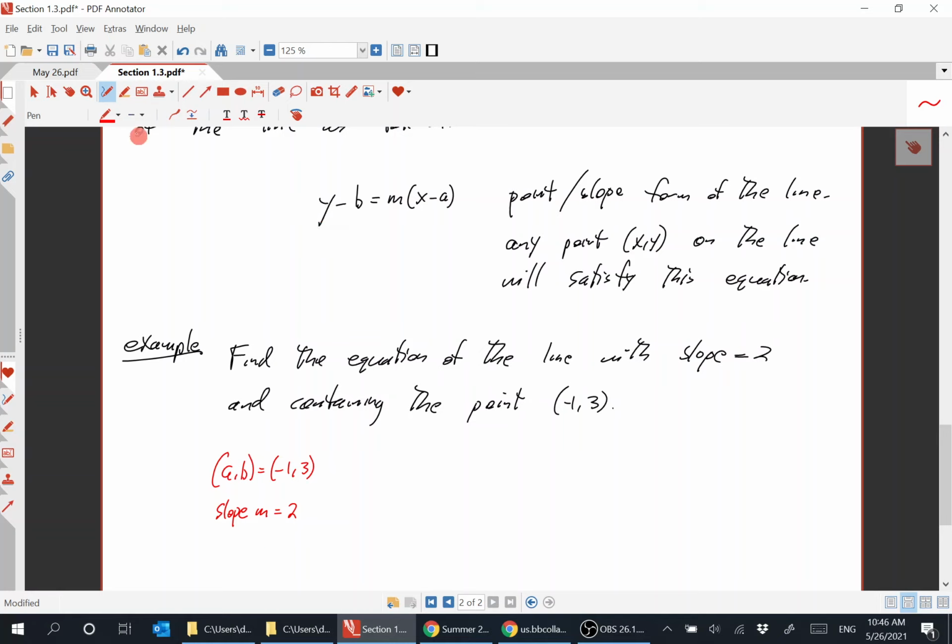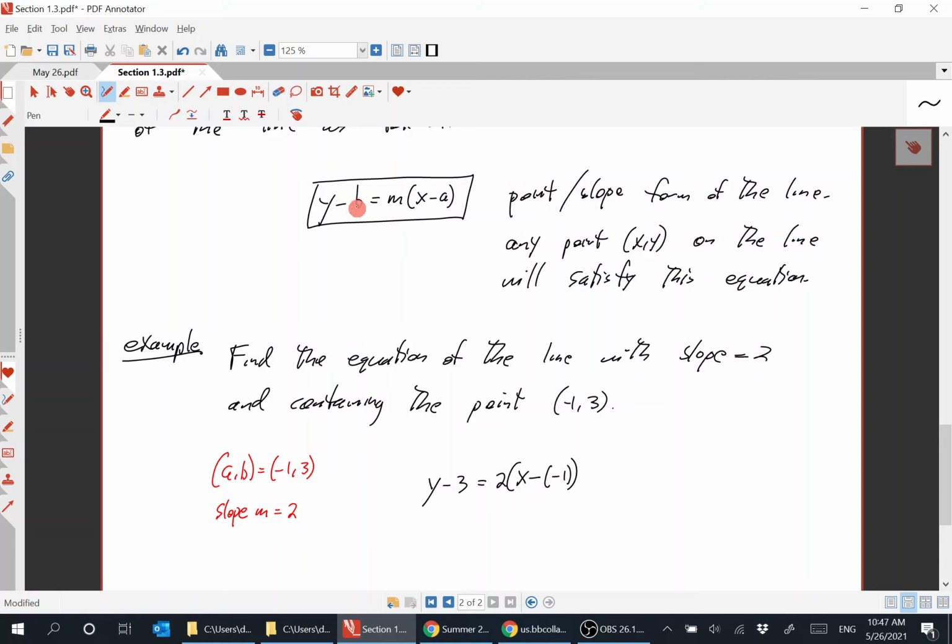So you just plug those items into this right here. So we have y minus 3 is equal to the slope 2 times, parentheses, x minus negative 1.